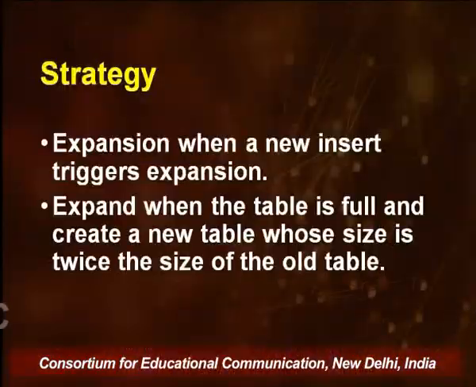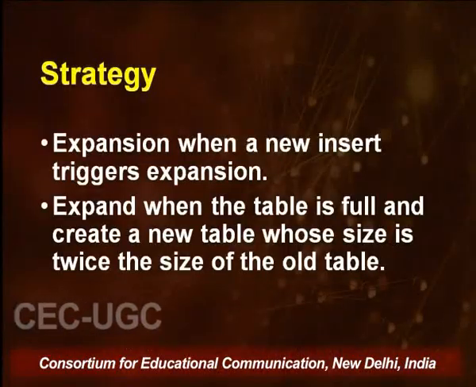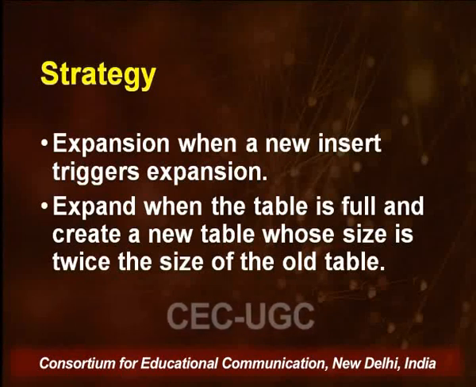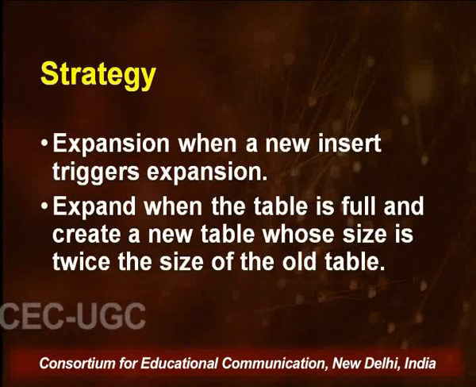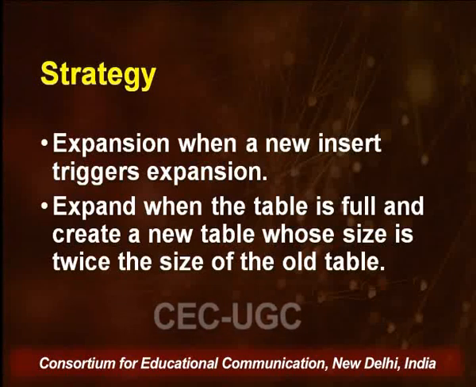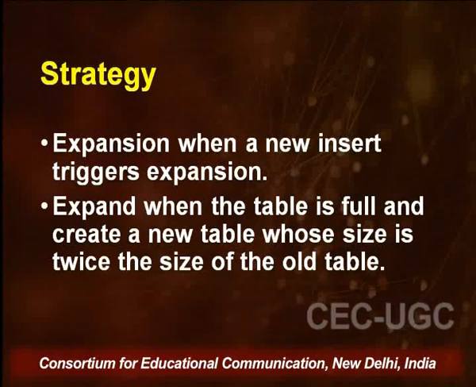But let us look at our own strategy which we have coined. What is actually happening? When are we expanding the table? When are we contracting the table? Expansion, as you are all aware, happens when a new insert comes and we don't have the space to insert that element. So we are expanding when the table is full.